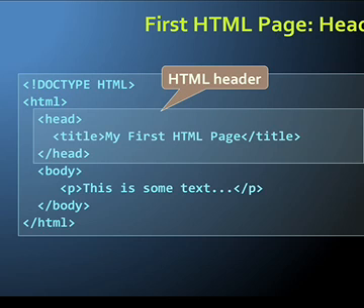And next we come to the body. It's very important: the body element defines the document's body and is a container for all the visible contents, such as headings, paragraphs, images, hyperlinks, tables, lists, etc.